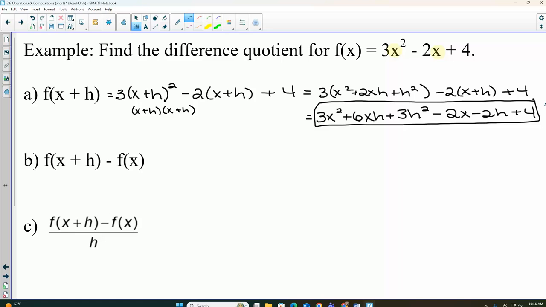All right. Questions there? Part B. f of x plus h minus f of x. So that's the answer we just got.